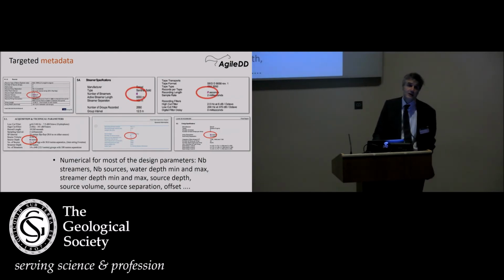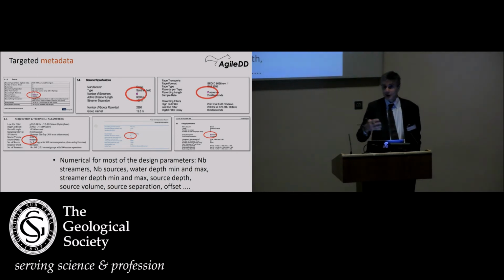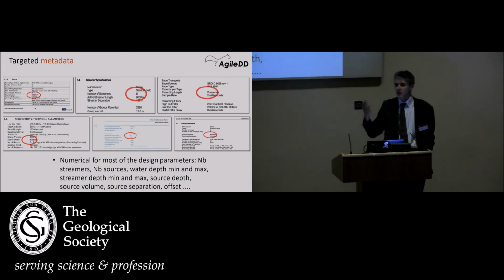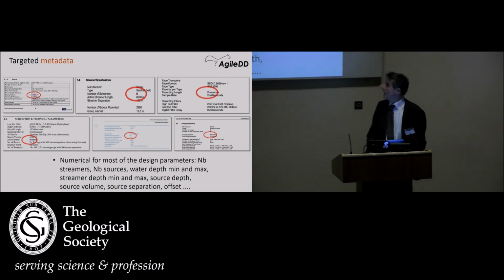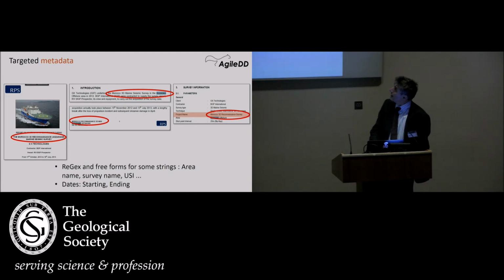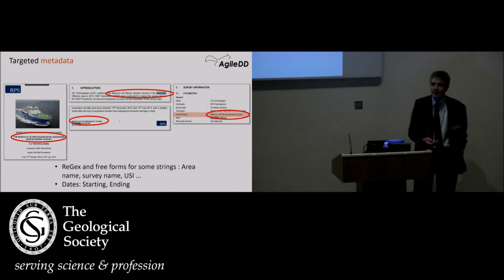There were plenty of numerical values. Geophysicists like numerical values, so the design of the acquisition can be reduced to approximately 40 numerical parameters, such as the number of sources, water depth, the number of streamers, and so on. And there were also what I've named some difficult tasks.